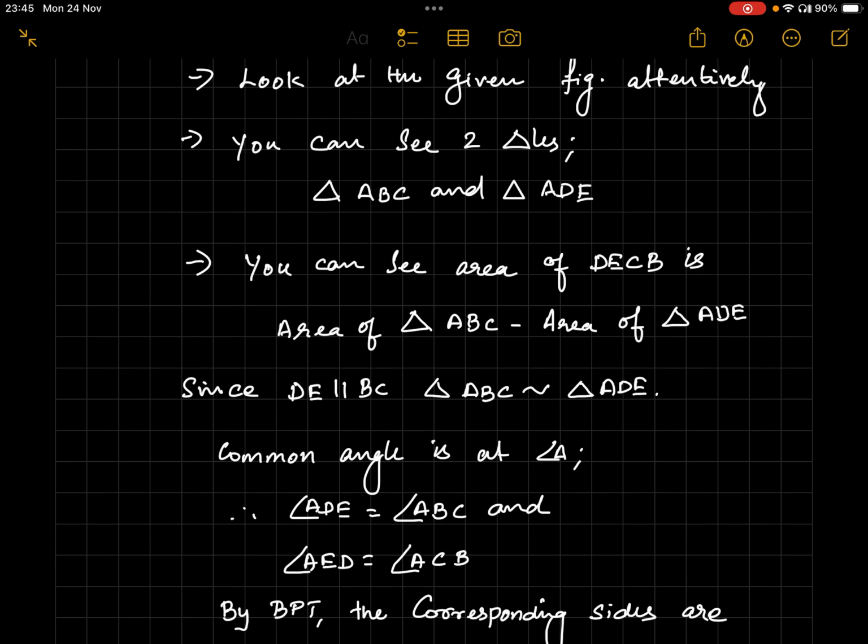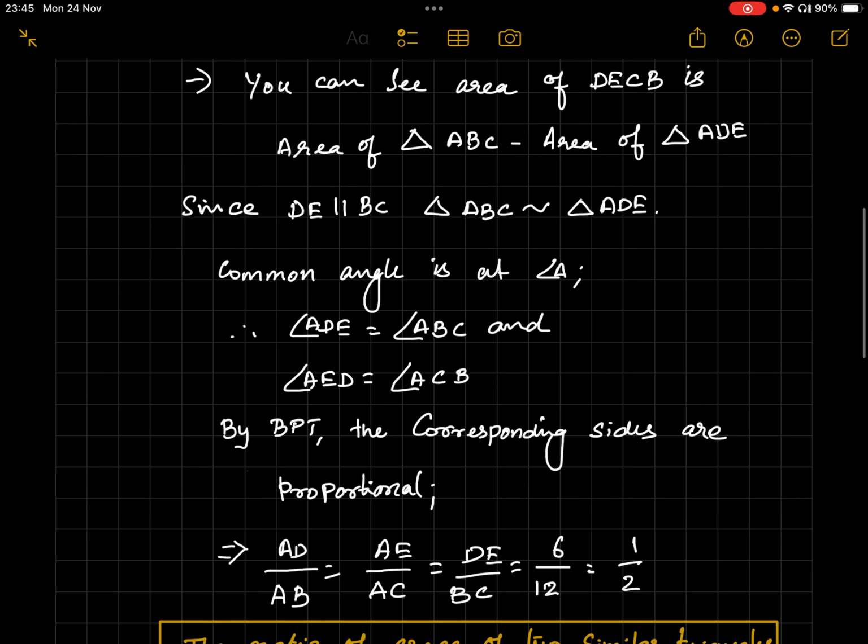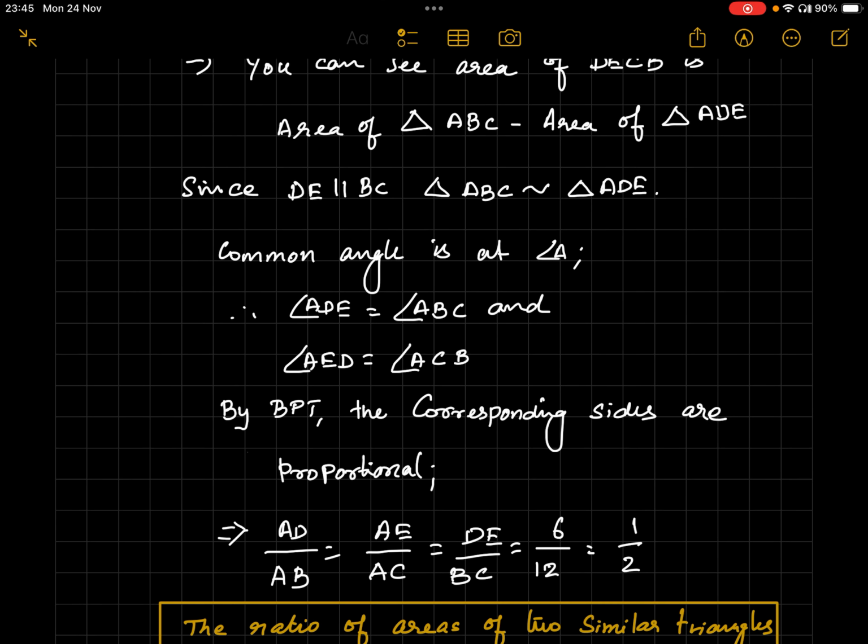Since DE is parallel to BC, triangle ABC and triangle ADE are similar triangles, and we have a common angle at A. It implies angle ADE is equal to angle ABC, and angle AED is equal to angle ACB. By BPT, that is the basic proportionality theorem, the corresponding sides are proportional.